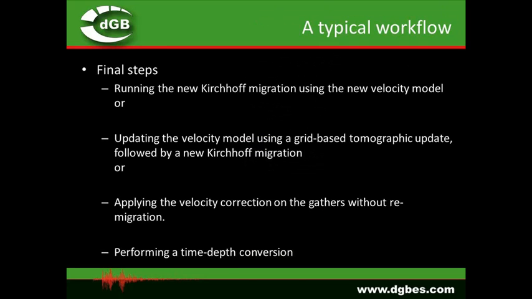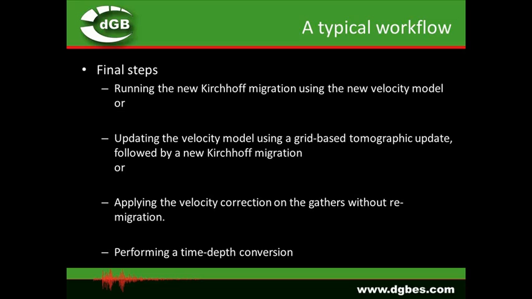The final steps of our typical workflow would be to run the new Kirchhoff migration using the new velocity model, or alternatively you can update the velocity model using a grid-based tomographic update followed by a new Kirchhoff migration.